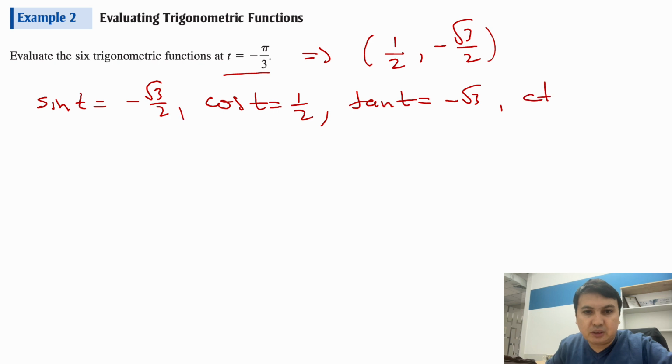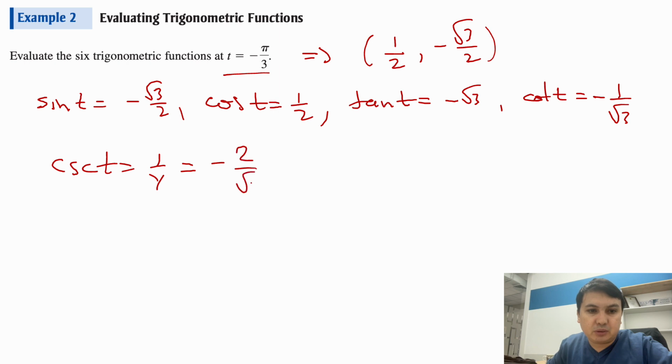Cotangent of t is 1 over the tangent, it's minus 1 over square root of 3. Cosecant of t is 1 over y, so it's minus 2 over square root of 3, and finally secant of t is 1 over x, so this is just 2.